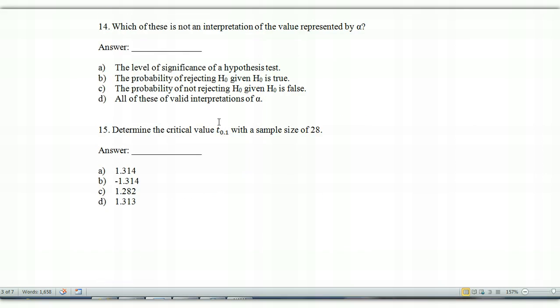Which of these is not an interpretation of the value represented by alpha? Alpha is what we use for hypothesis tests, and we have also been using it for regression here at the end. It's called the level of significance, so it 100% certainly is A, the level of significance.